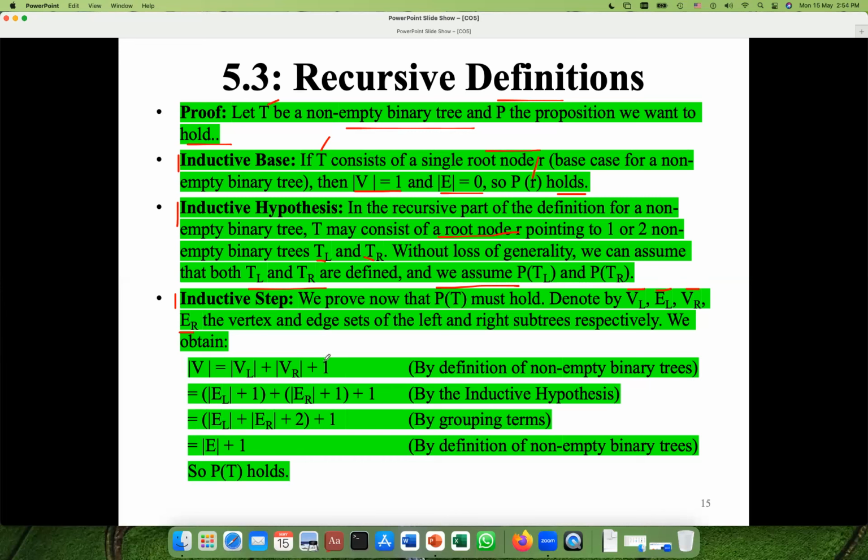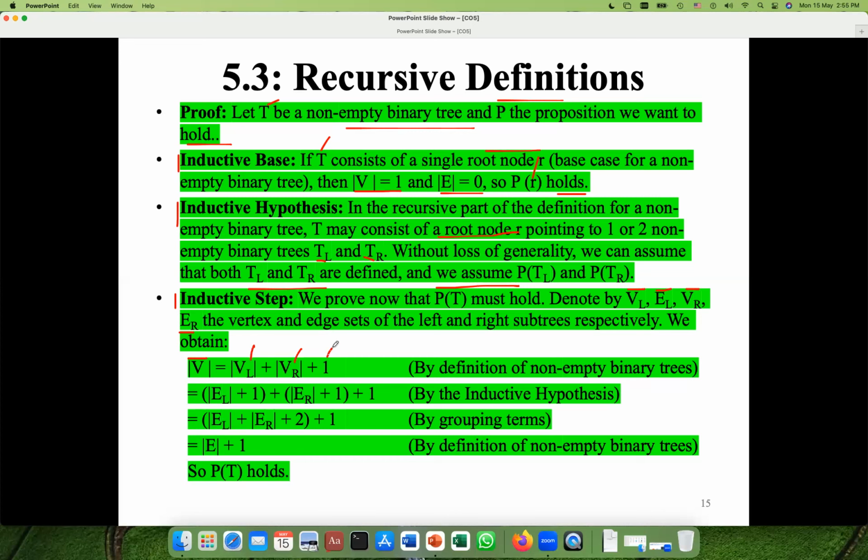Now I can write that claim. Size of vertices would be the number of vertices in the left binary tree plus the number of vertices in the right binary tree plus 1. Why am I writing this? Because if this is the tree, this is the number of vertices on the left, this is the number of vertices on the right, plus this one, which is the root.